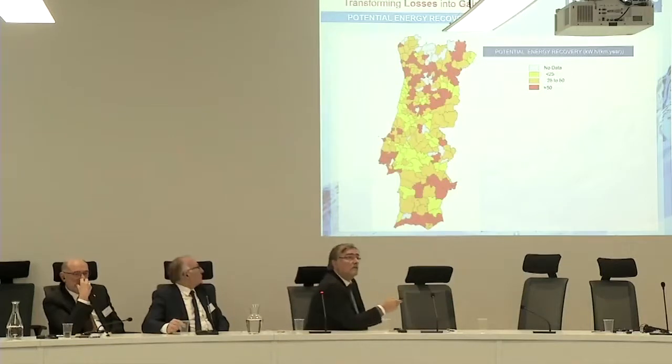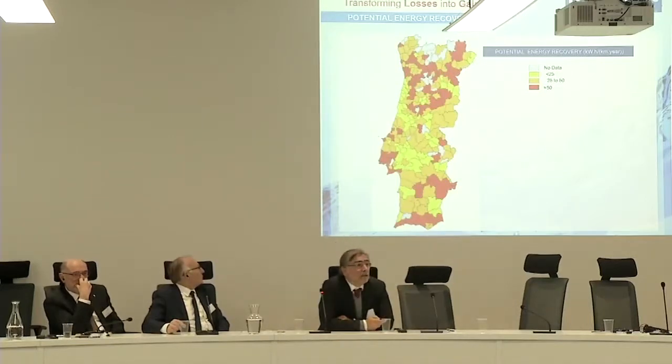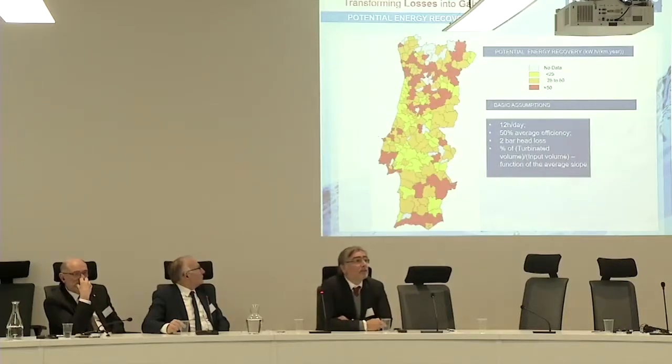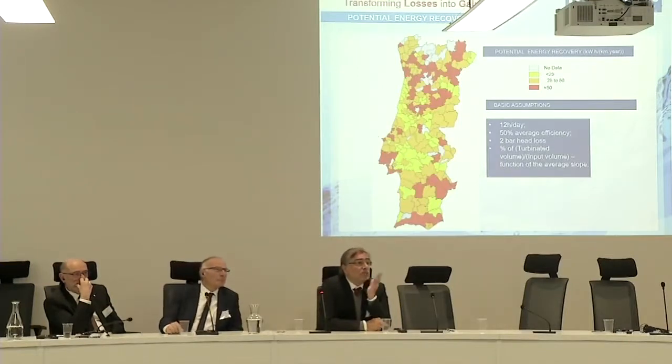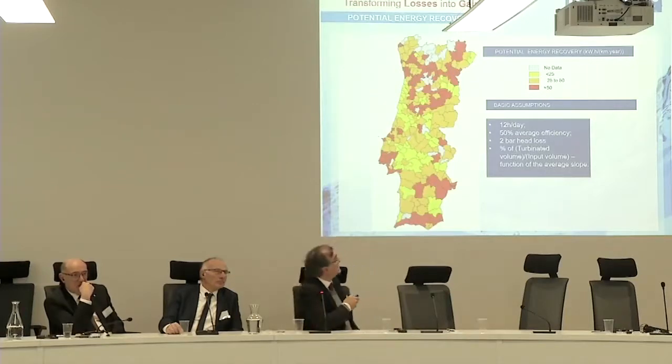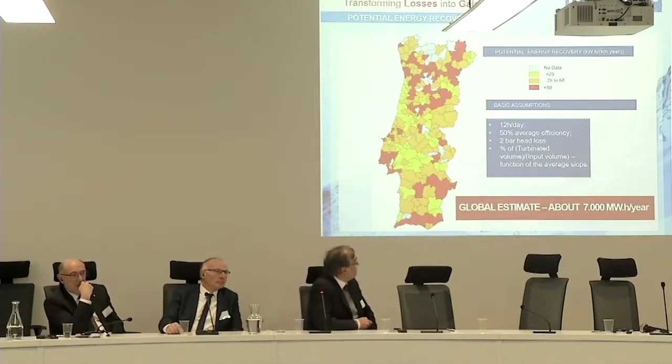This was a numerical exercise that I made for this country with these basic assumptions. The turbine would work half a day, 50%, and so on. If we do this, we would have about 700 million watt-hours per year.